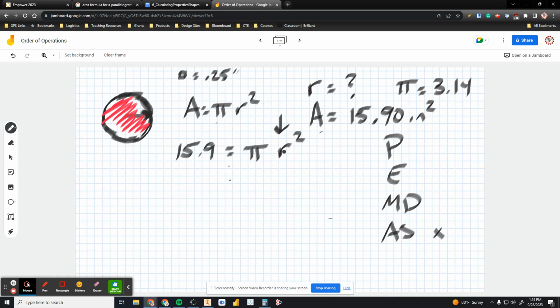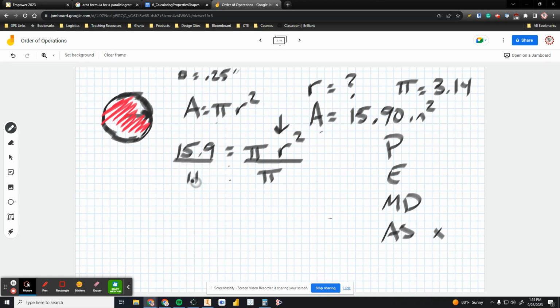Okay, well, we need to get r by itself, which means we need to get pi over on the other side of the formula so that there's nothing but r on this side. And in order to do so, I need to divide pi on both sides. Now, right now, it's pi times r squared. But to get it to the other side, we have to do the opposite of multiplication, which is division.